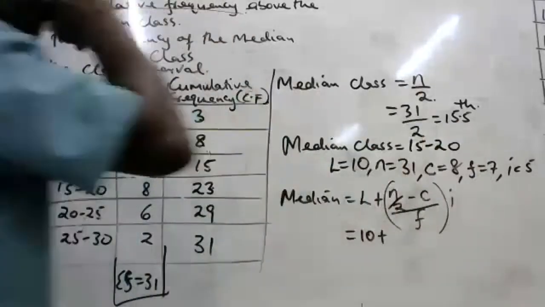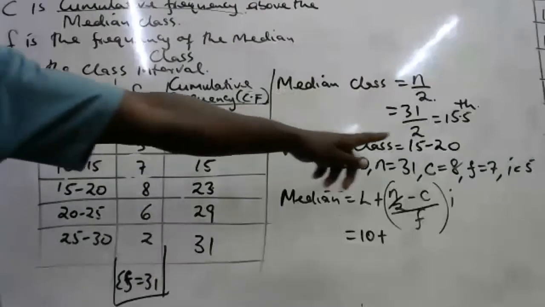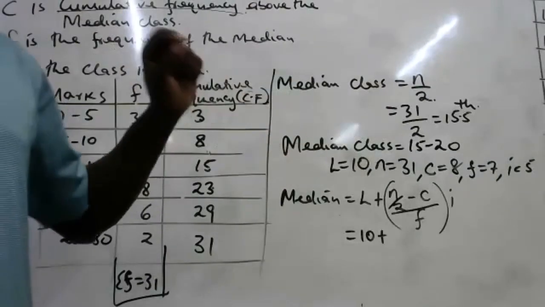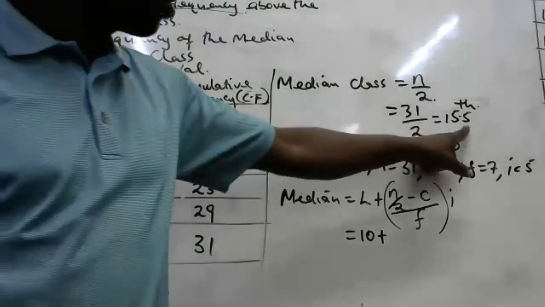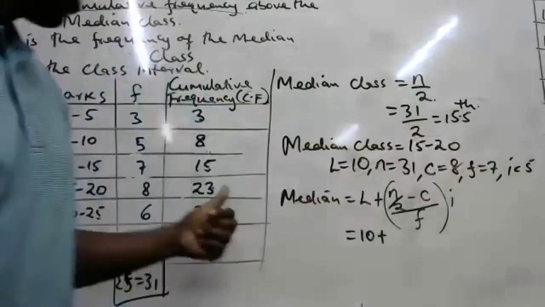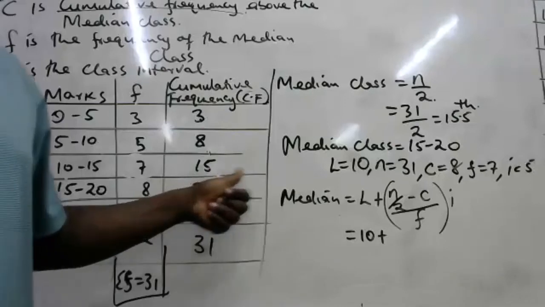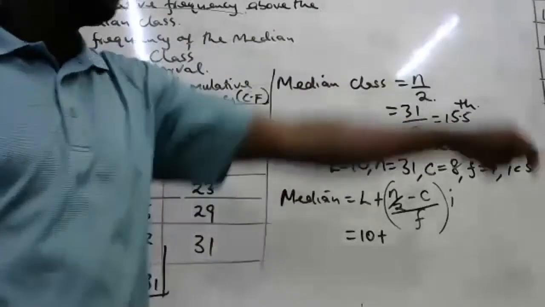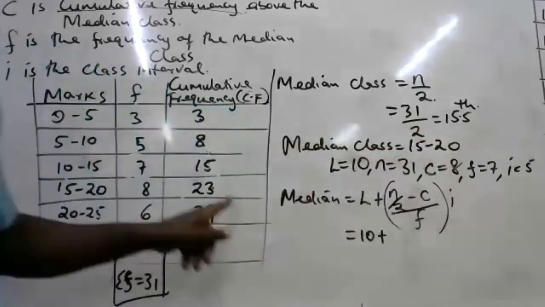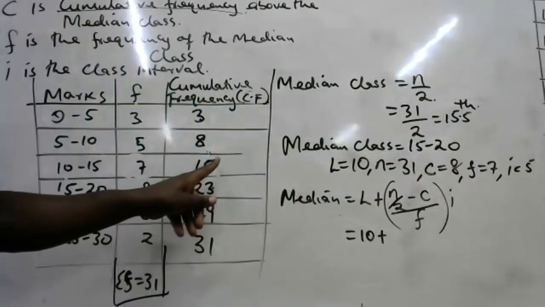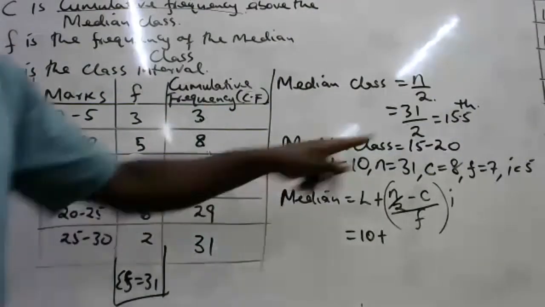So always, when you are picking your median class in the cumulative frequency, if you don't have this figure in the cumulative frequency, you take the one that is slightly higher, the one that is next. Because we don't have 15.5, we cannot take 15, because 15 is less than this.